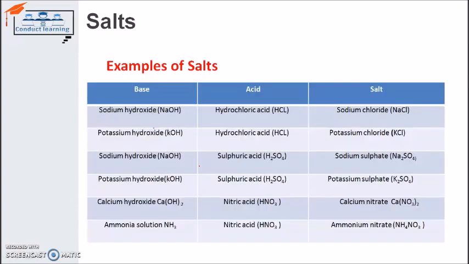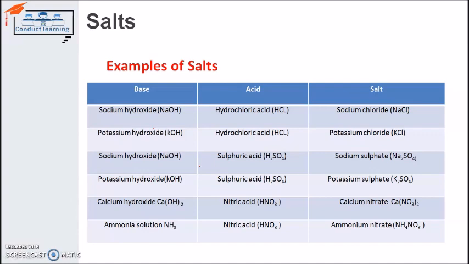These are the examples of some common salts. First of all, we have a base, for example, sodium hydroxide, and an acid, which is hydrochloric acid. When they both react with each other, they give us sodium chloride, which is nothing but common salt. Another example is potassium hydroxide.